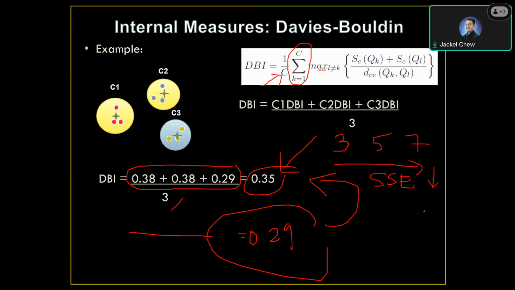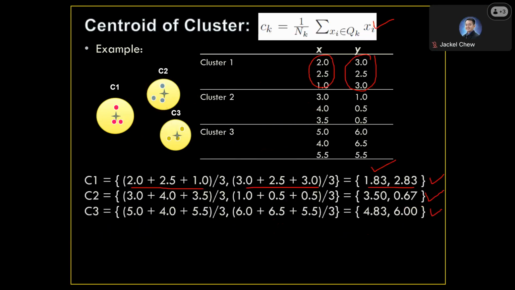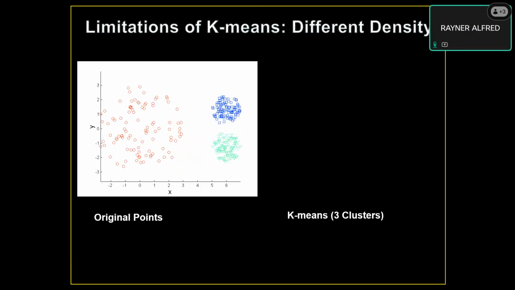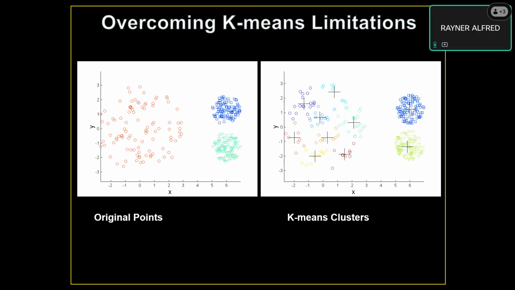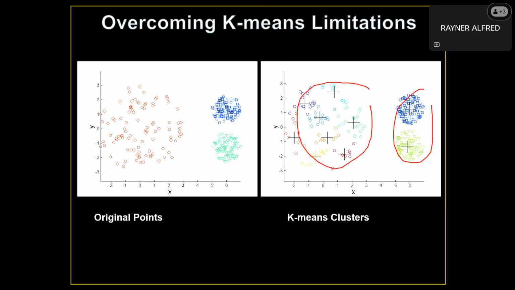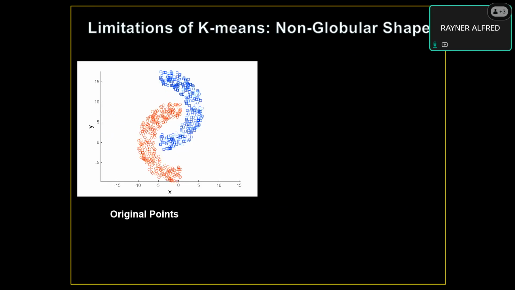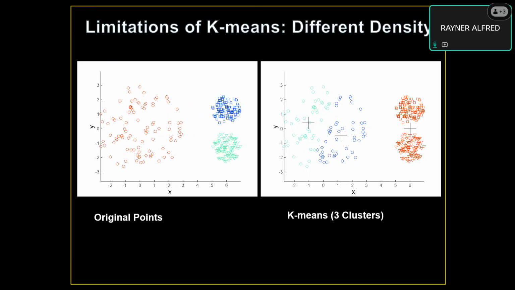If you go back to the previous one, for example this one, of course you will have a smaller sum of square compared to this, from 3 clusters to 10.